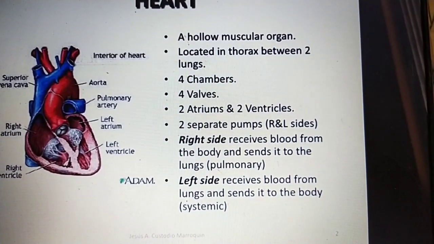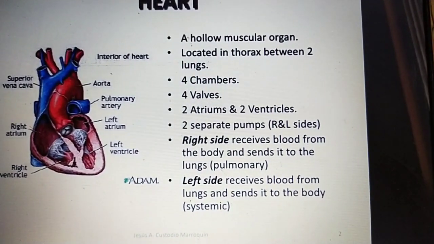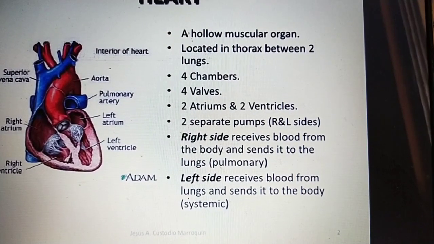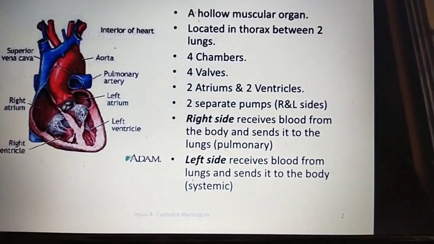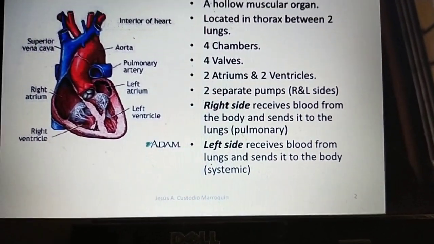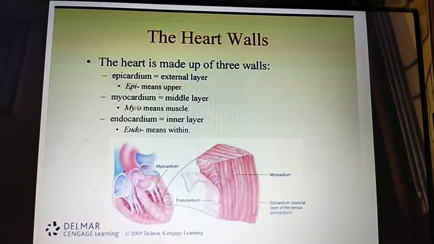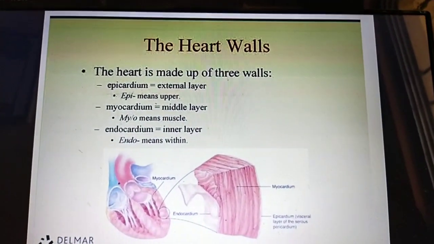The right side receives the blood from the body, mainly by the superior vena cava and the inferior vena cava, and sends it to the lungs. On the left side it receives the blood from the lungs and sends it to the body, that is the systemic circulation.